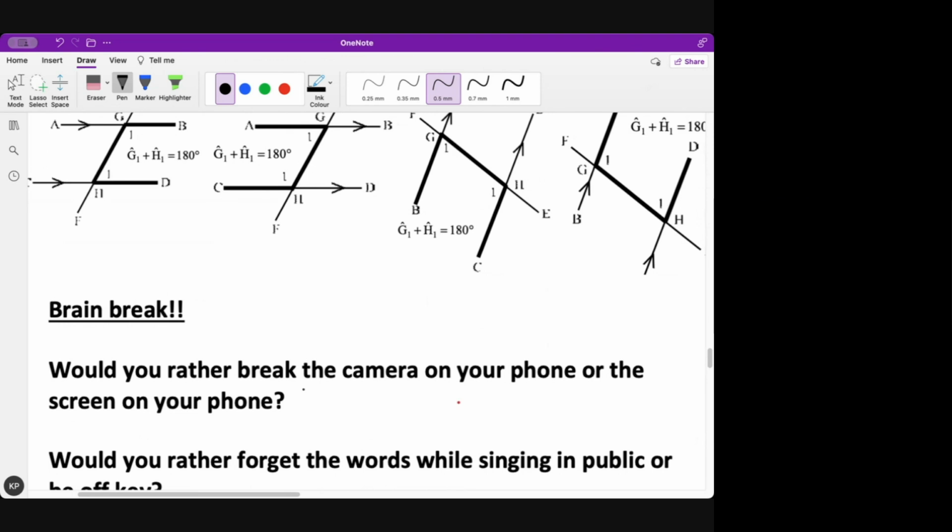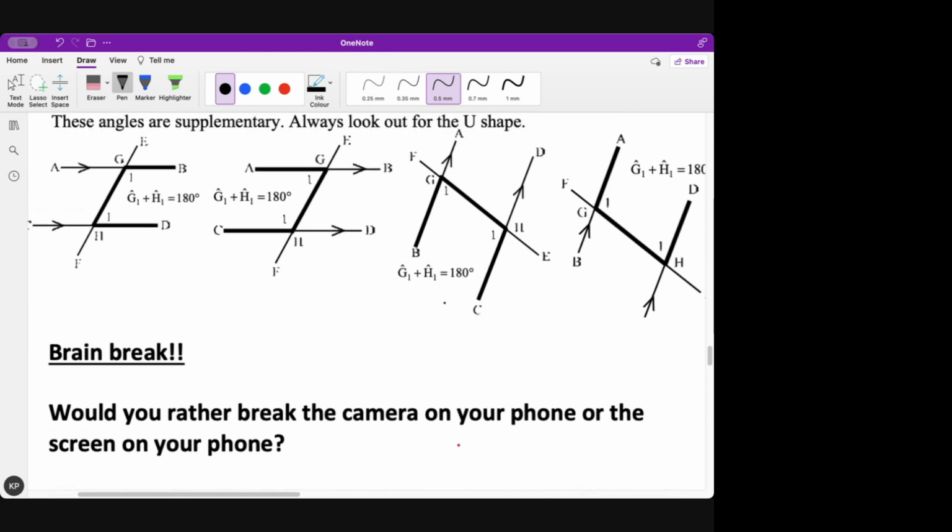Elam, would you rather break the camera of your phone or the screen of your phone? Camera. You either have really bad pictures or you can't see what you're typing. So, which one would you prefer? Camera. Camera. So you'll take pictures with someone else's phone.